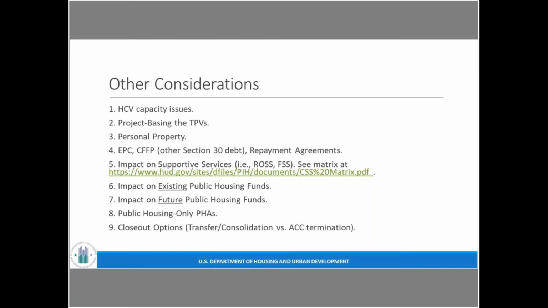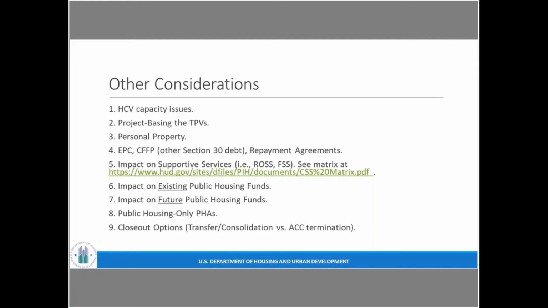There's no one-size-fits-all. You may or may not have to repay it all, but you have to start thinking about it early on, and SAC is not going to approve an SVC plan if there is outstanding unresolved debt that's tied to the units.